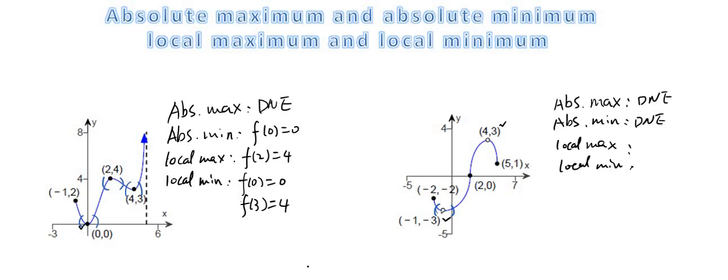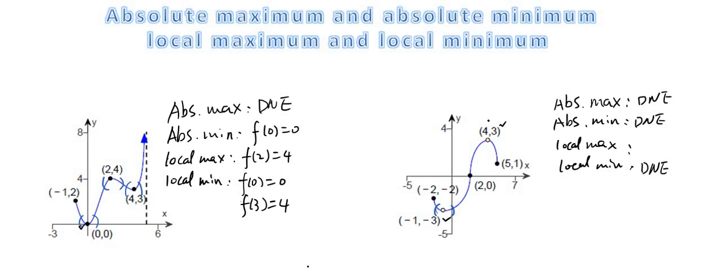Okay, and we find this point is always below the other points on this portion of the curve, right? So it is supposed to be a local minimum. However, this point is undefined because it is an open circle. Okay, so we don't have a local minimum. It doesn't exist.